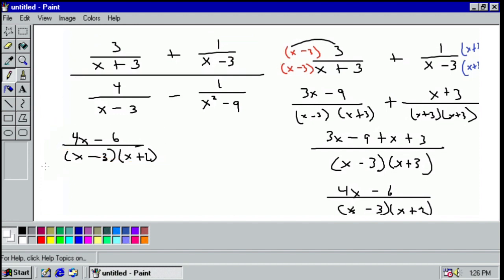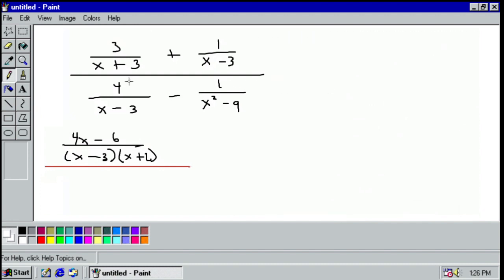Now let's solve the denominator of the fraction. So let's remove this part, and we're gonna solve this part. We can simplify since this is a difference of 2 squares.